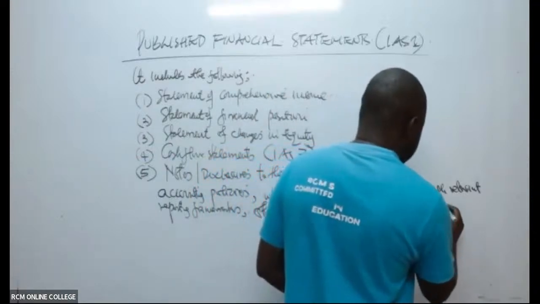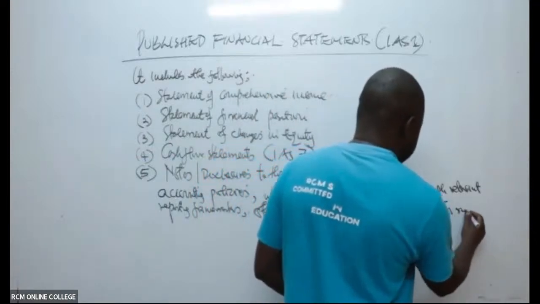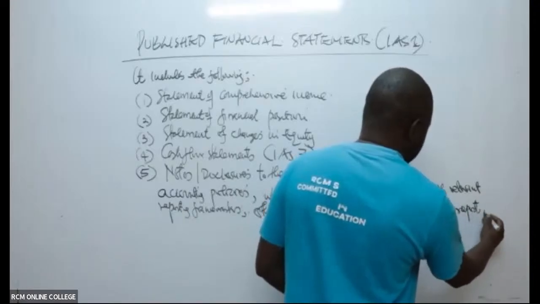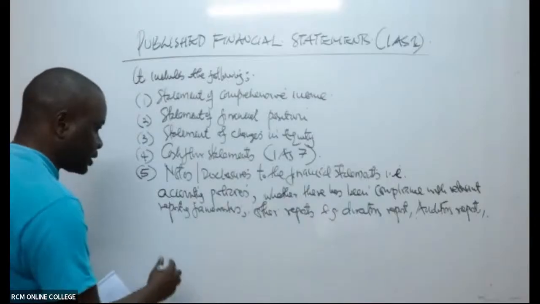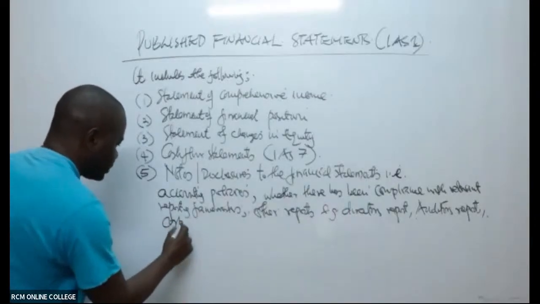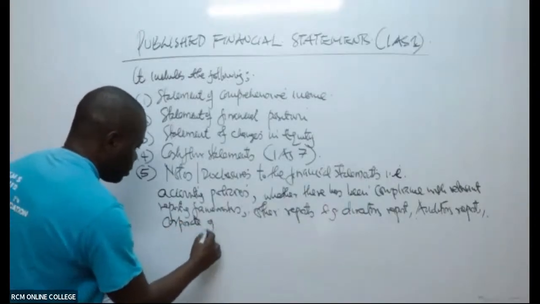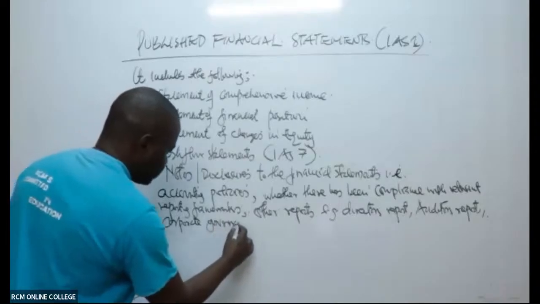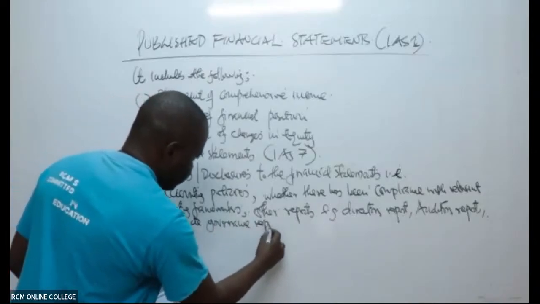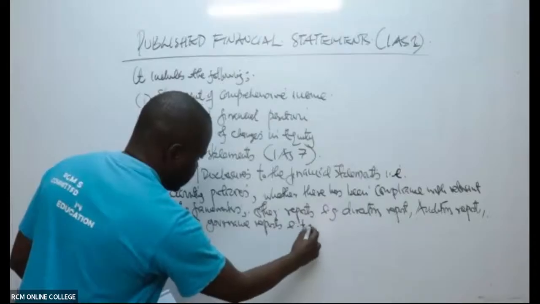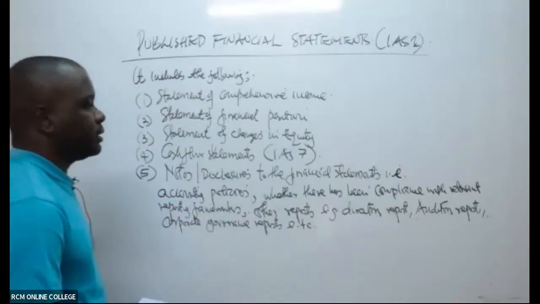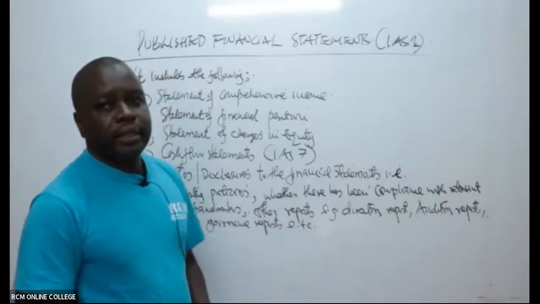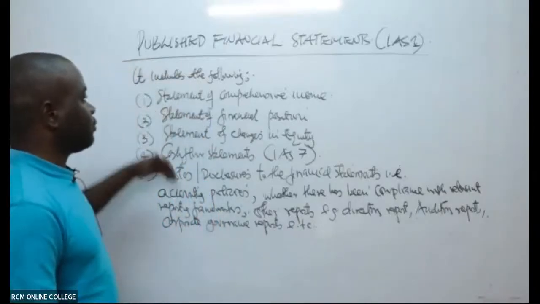The auditor's report can also be attached. You can include corporate governance reports, etc. So there could be any other reports that you feel are necessary for a better understanding of these financial statements.